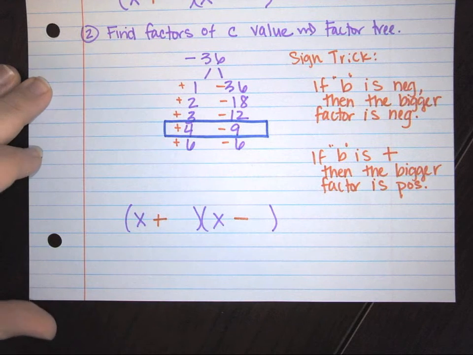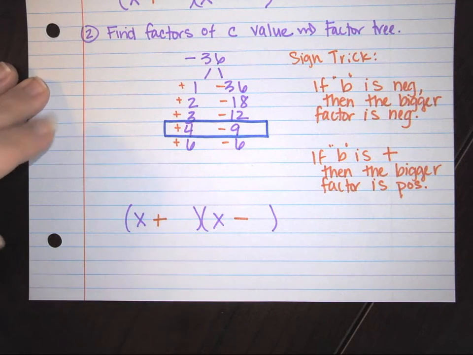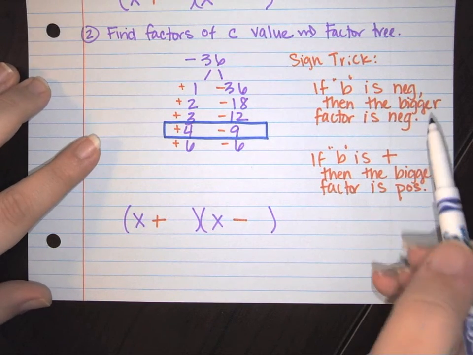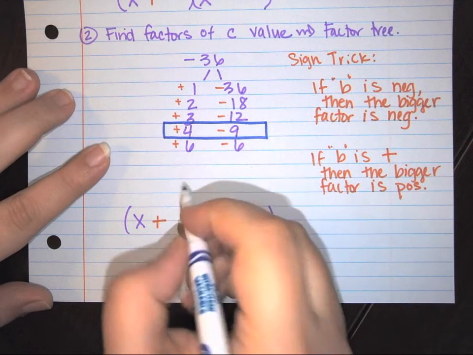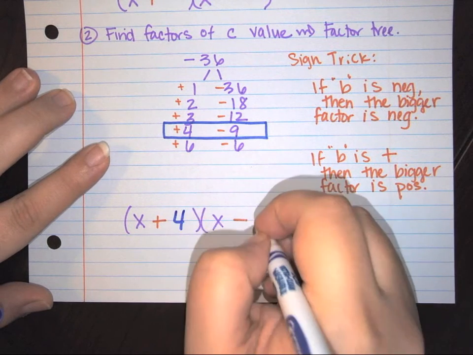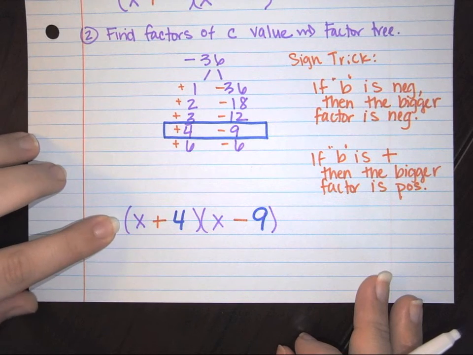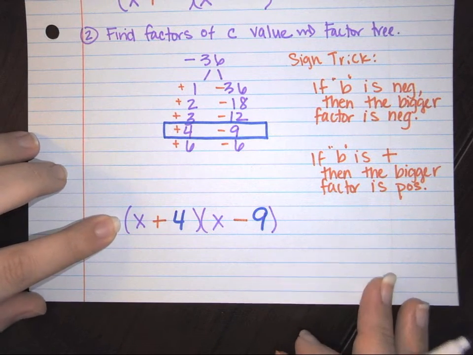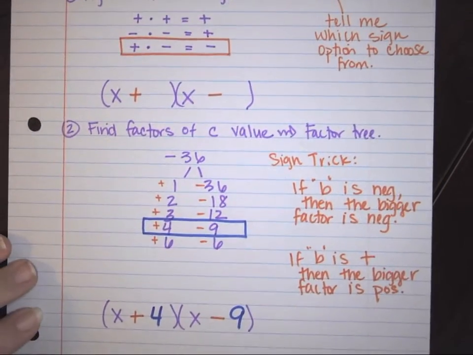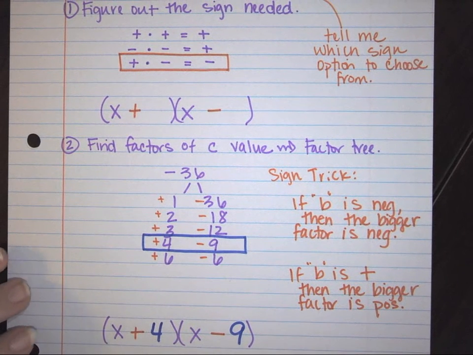And now, using the idea that the bigger factor has to be negative, I have a +4 and a -9. Now if I were to FOIL these back out together, you should get exactly what you started with. And that is a quick and dirty how to factor an equation using your FOIL ideas.